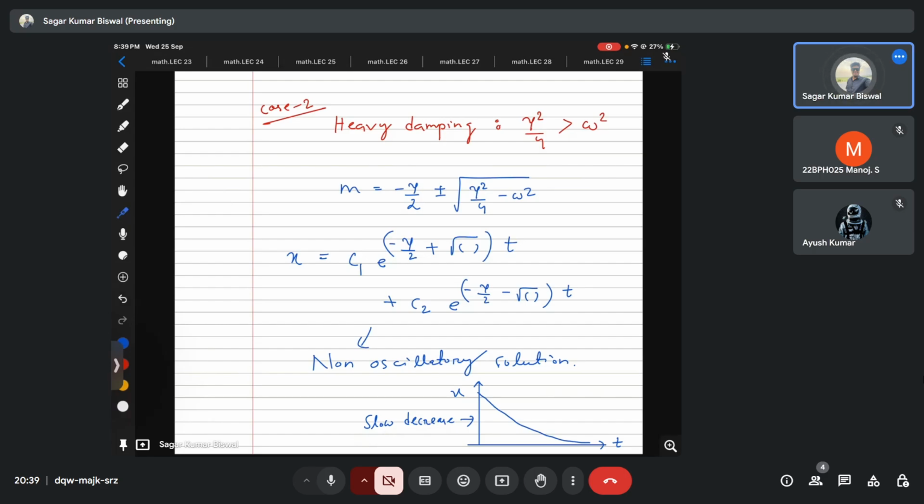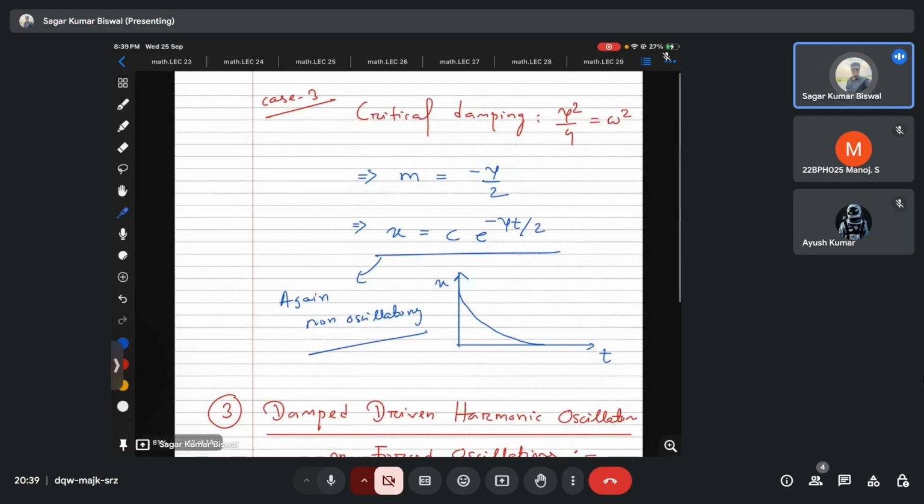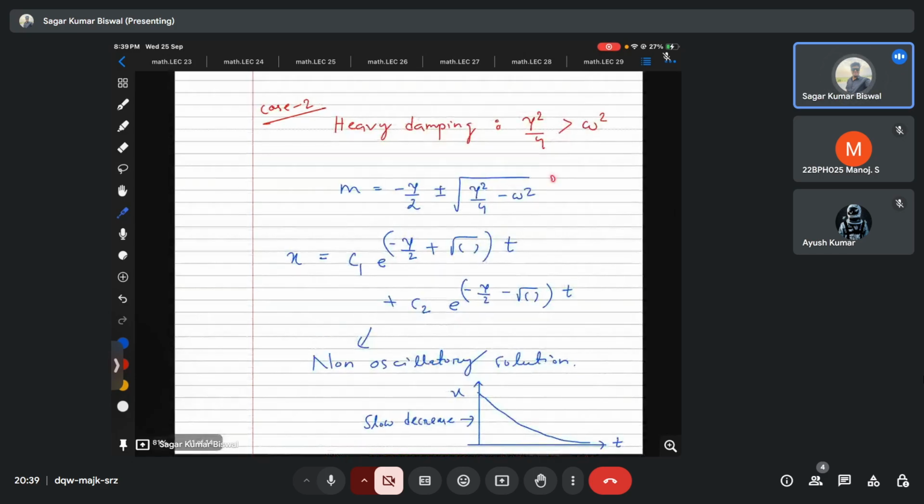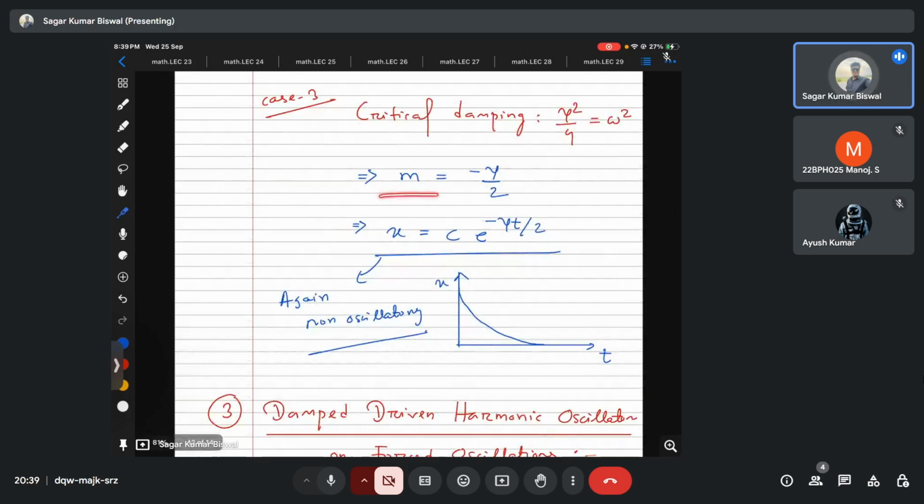And the similar case is known as the critical damping. The critical damping is the case where gamma square by 4 equals omega square. They are the same. Then this whole thing will vanish and m will only be minus gamma by 2. So the solution will be c e to the power minus gamma t by 2, and this will be the plot, right?